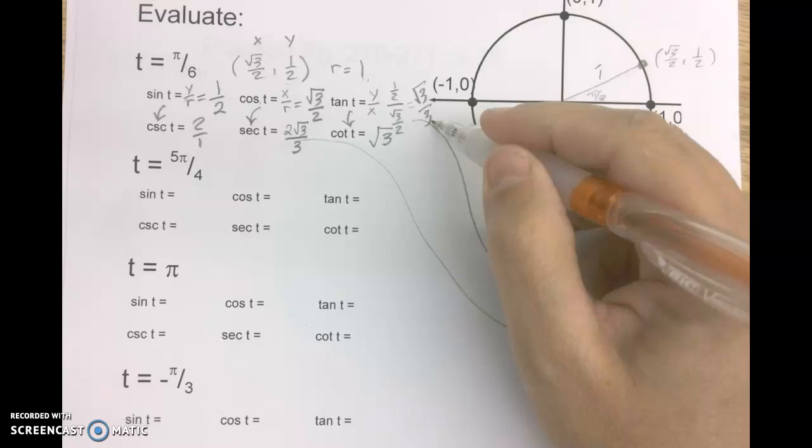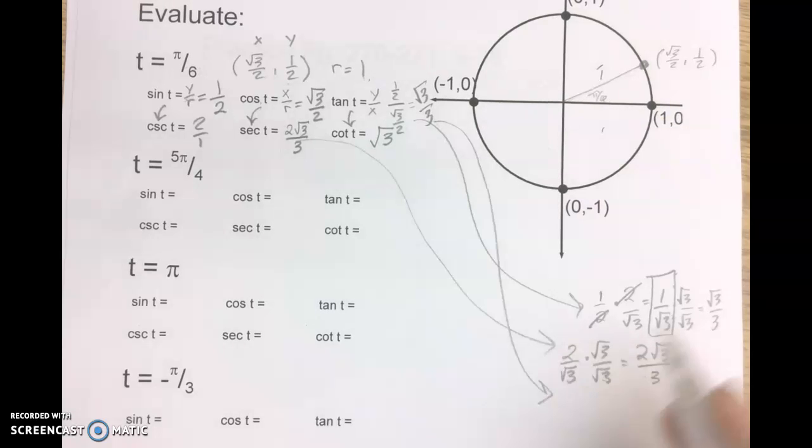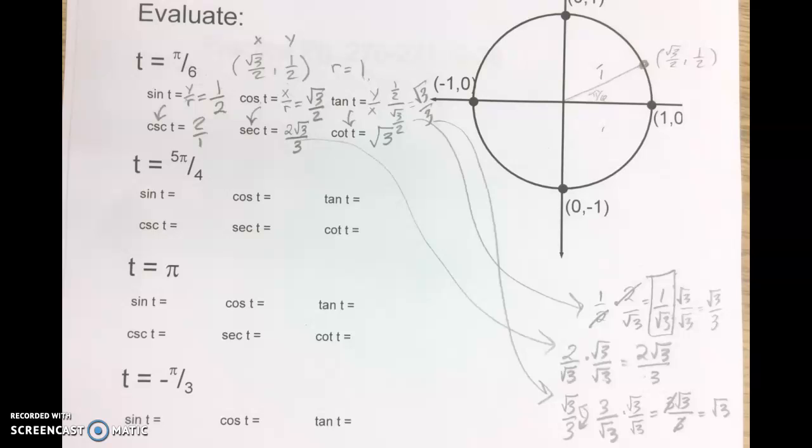But just for the sake of super fun, we'll take the square root of 3 over 3, and we're going to flip it so that it's 3 over the square root of 3. And then we have to rationalize it. And we get 3 square roots of 3 over 3, where the 3's cancel, and I get the square root of 3. So either way, whether you rationalize it or not.